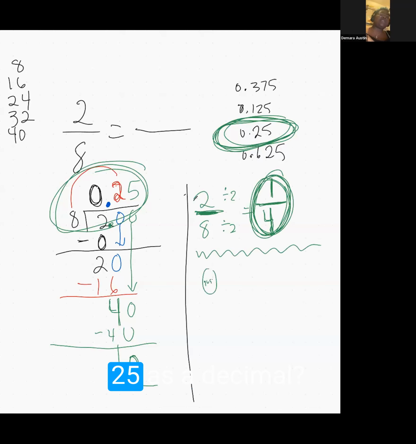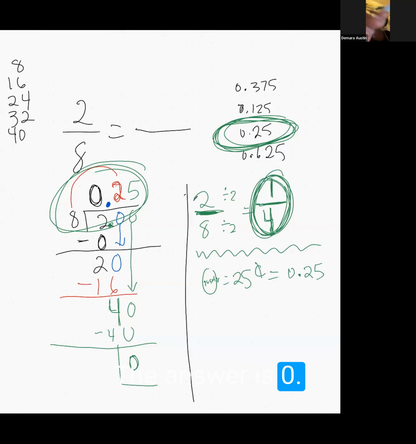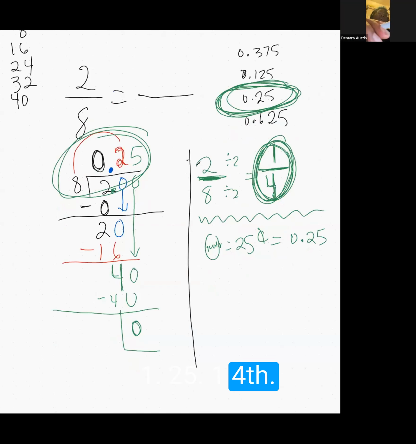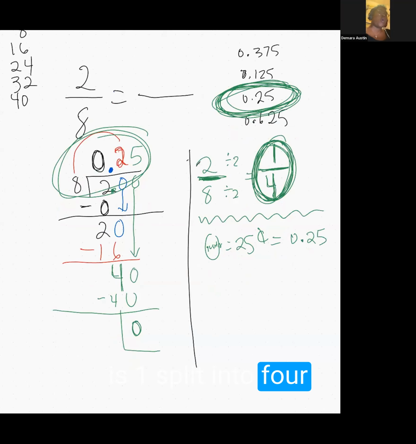Do you know how to write 25 cents as a decimal? 0.25. Now look, the answer is 0.25. So 1/4 is 0.25 because a quarter is $1 split into 4 pieces. That's another way that you can see it.